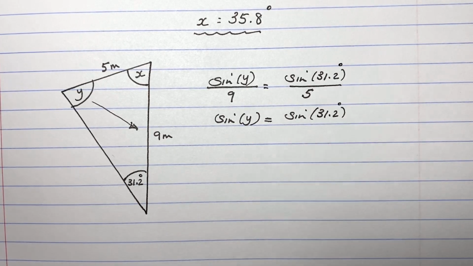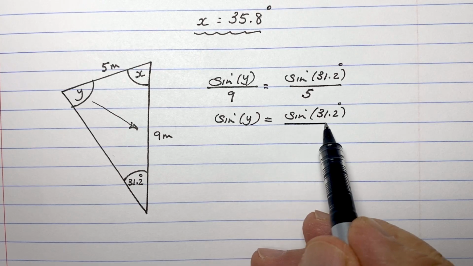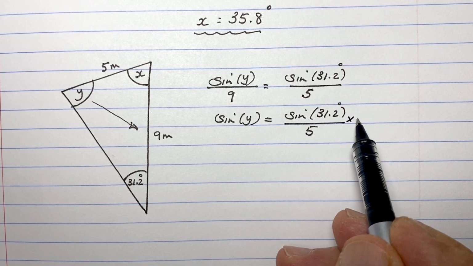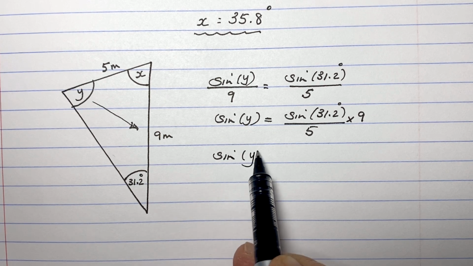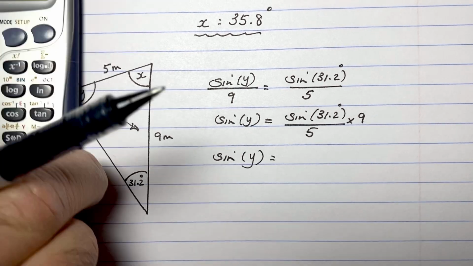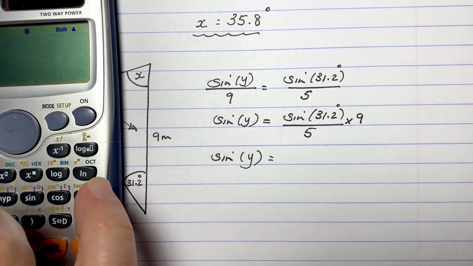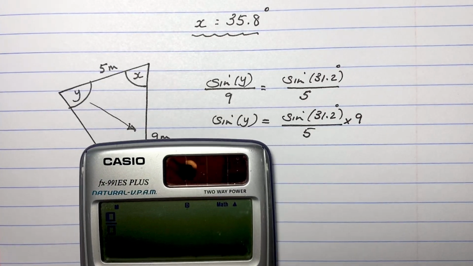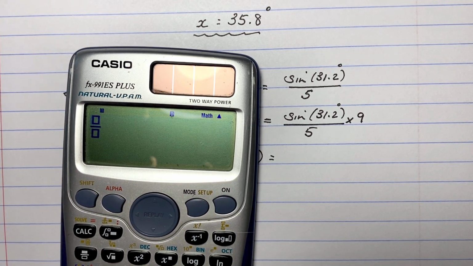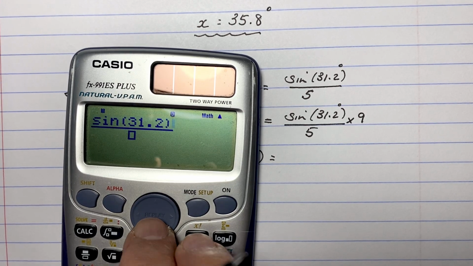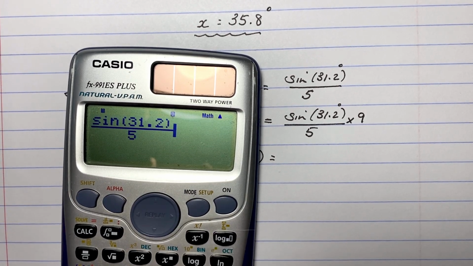Because these are degrees, I'm going to calculate what the value of sine of y is. So the fraction at the top we have sine of 31.2 degrees over 5, the whole thing multiplied by 9.